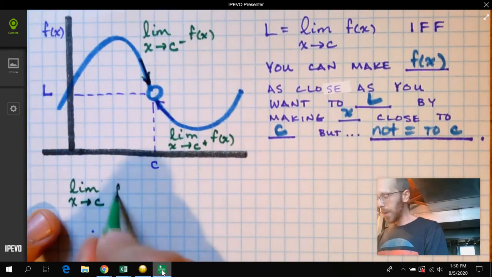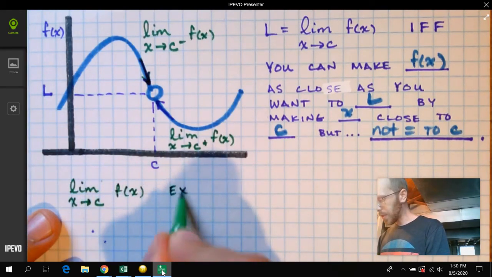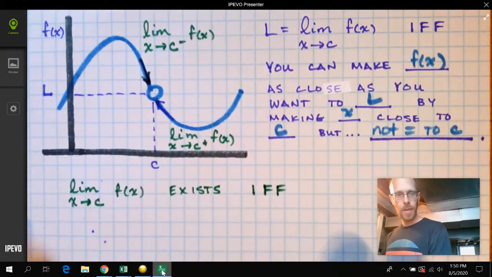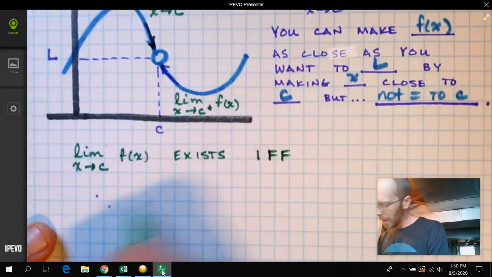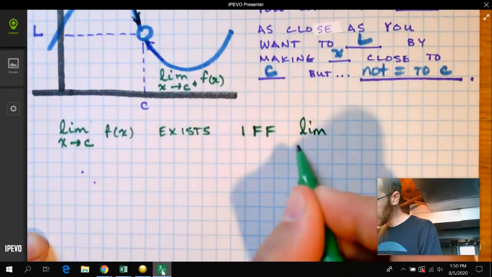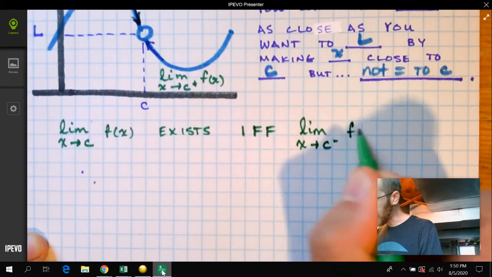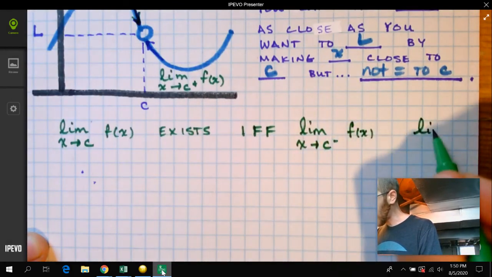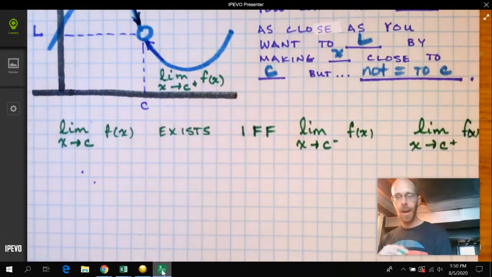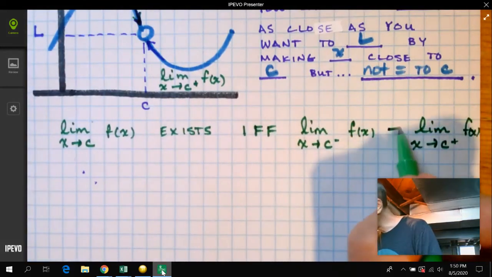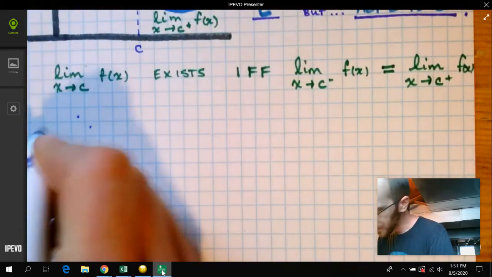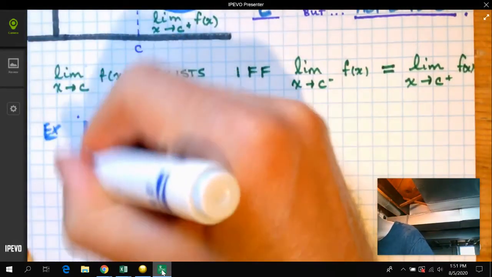The limit in general, as we approach c of the function, exists if and only if the left side limit and the right side limit are equal to each other. So for instance, if I can do a quick example here.